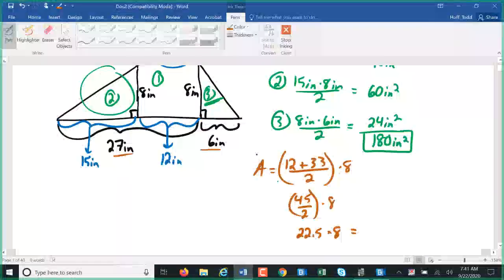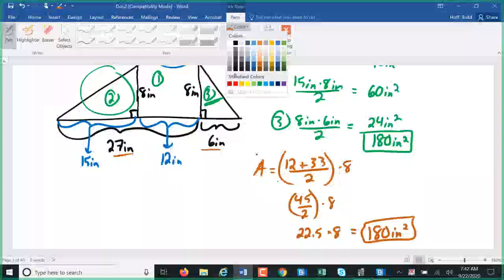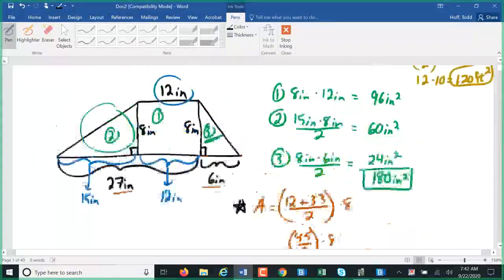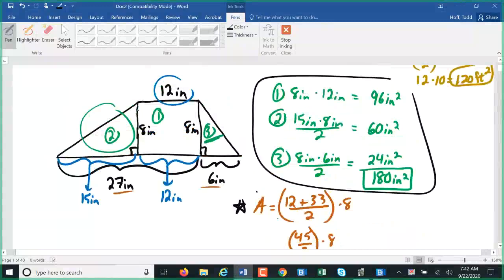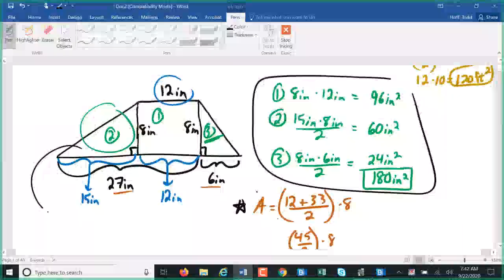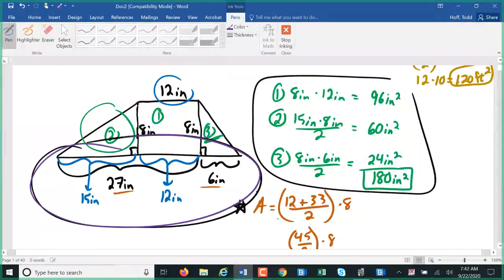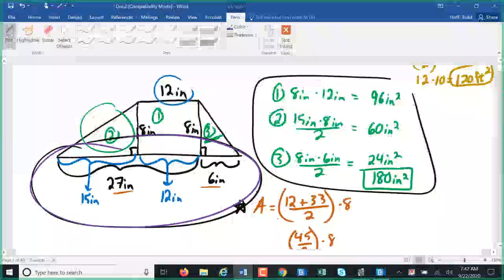Times 8 is 180 square inches. The trapezoid formula will always work. Breaking it down into three pieces like this only works if we're given the dimensions down here on bottom broken up properly, so we know how big the triangles are and how big the rectangle itself is.